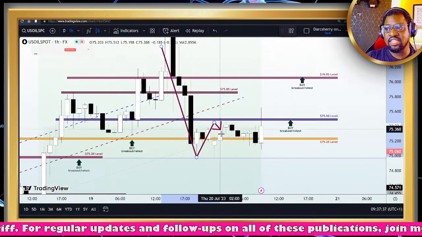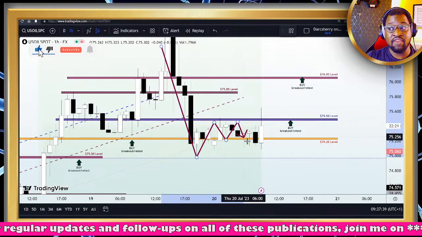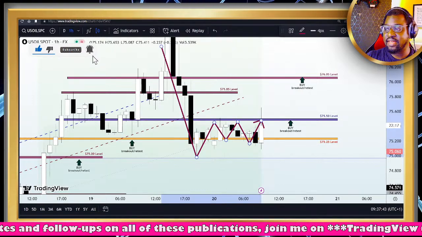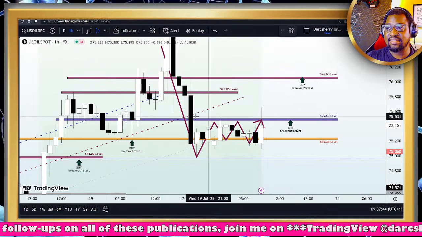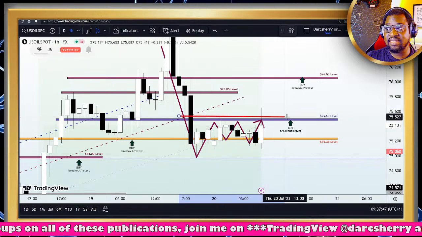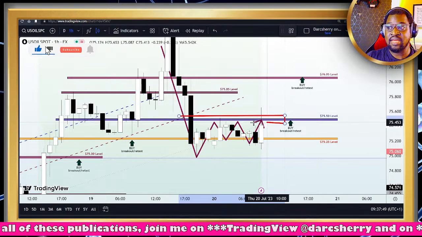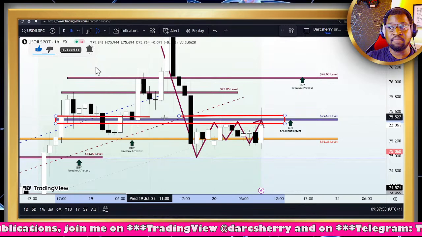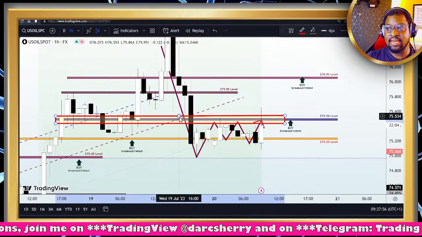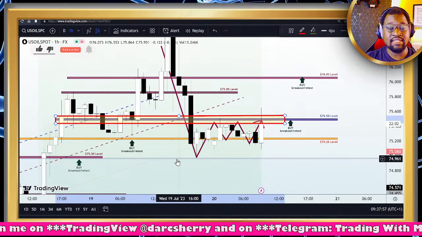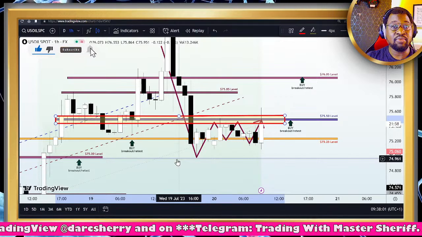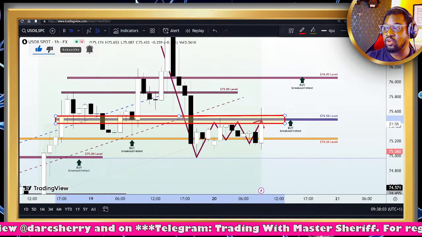And if this continues and price action continues to find support around this area, then we should have a neckline situated at the $75.50 level, which of course has been a major determinant of price action since the beginning of this week. Now, for us to confirm that this is truly a reversal pattern, then we want to see price action break out of that neckline.